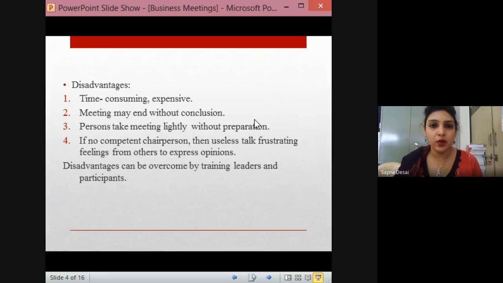Meeting may end without conclusion. The second point is, sometimes the time is wasted only in deliberations, only in discussions, and the end result is nothing, right? If two people have to take a decision, it will be done very quickly, and not much time will be wasted. But when you involve more people in the thinking process, everybody will have their own opinion, and it may lead to lengthy discussions.